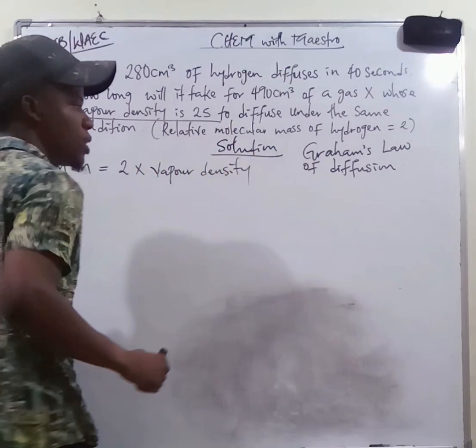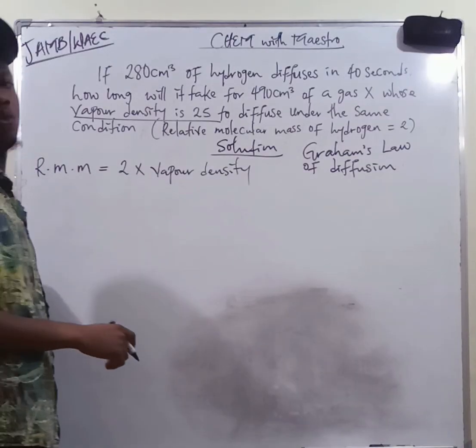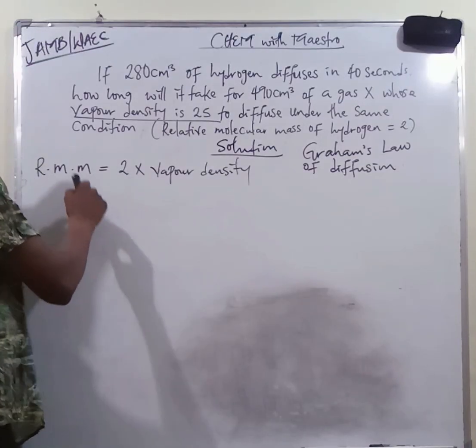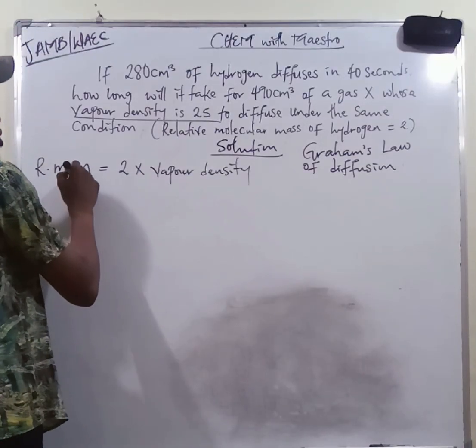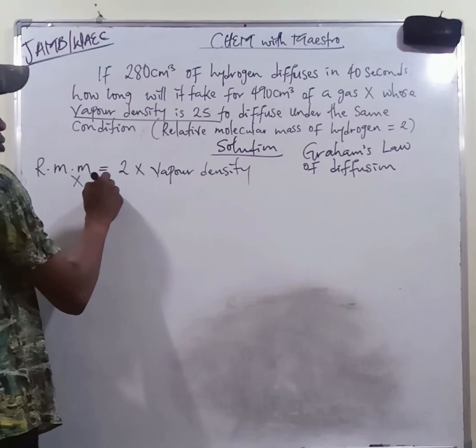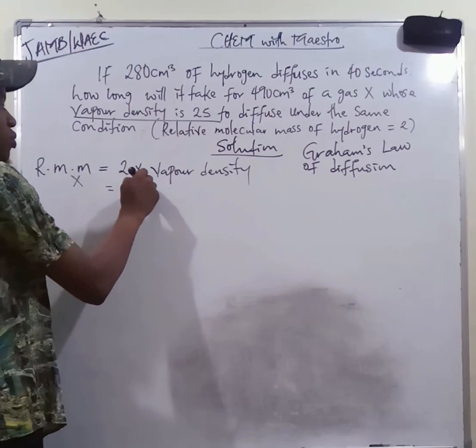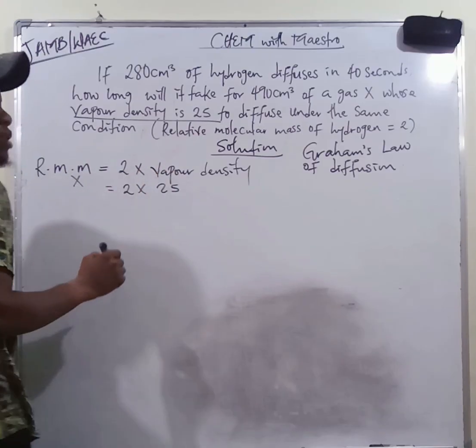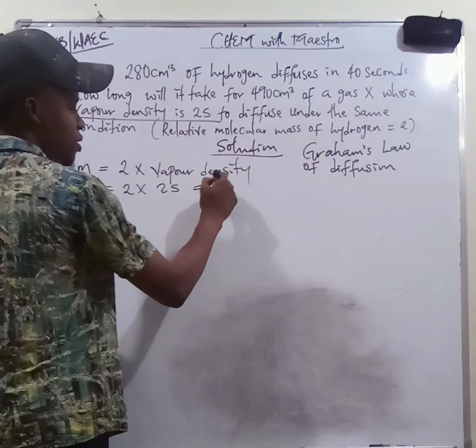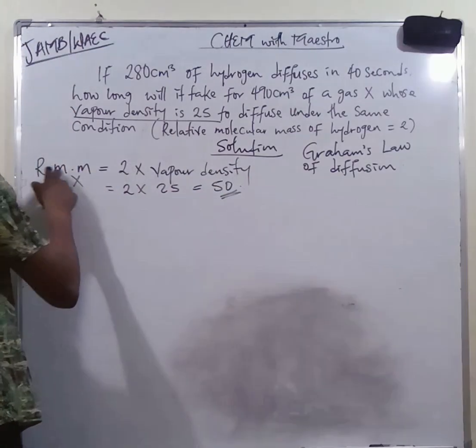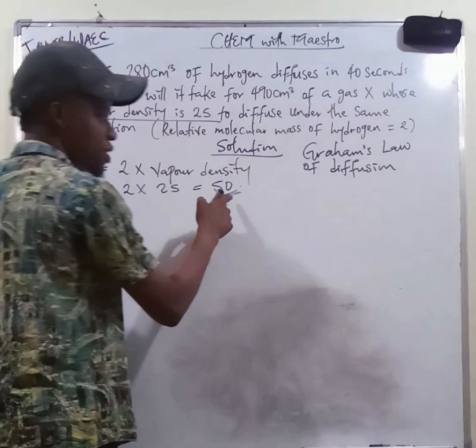So our relative molecular mass of X is 2 times 25, which gives us 50. So the molecular mass of X is 50.